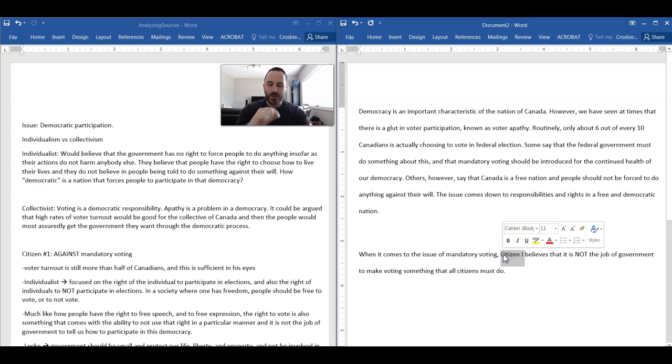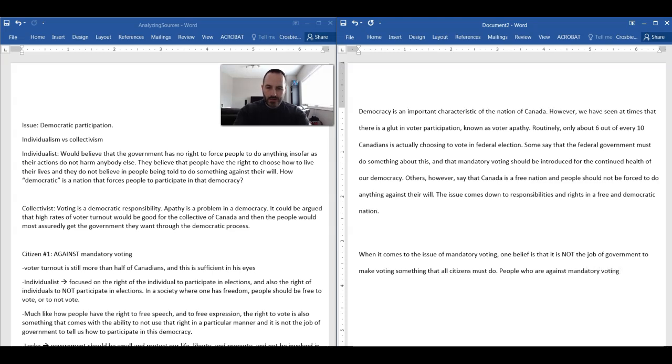Actually, instead of saying Citizen 1, let's say one belief is that it is not the job of government to make voting something that all citizens must do.